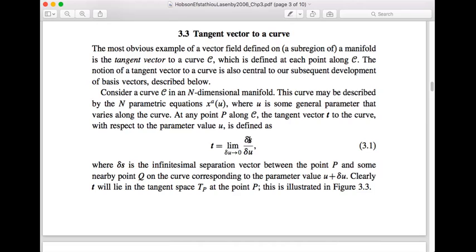Because we know the geometrical meaning of delta S, it's just the interval in that curved space. Clearly, T is a vector, so it lives in the tangent space at the point P.